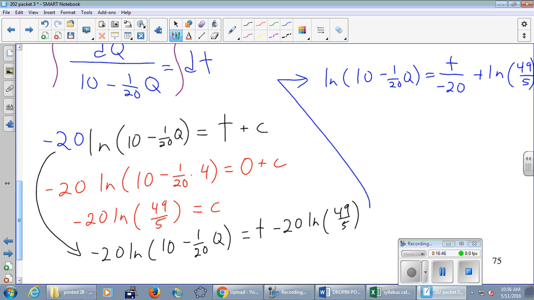Divide both sides by the -20. And then both sides get hit with E, right? We're trying to get our hands on Q, which is still pretty well buried right now. So E both sides.